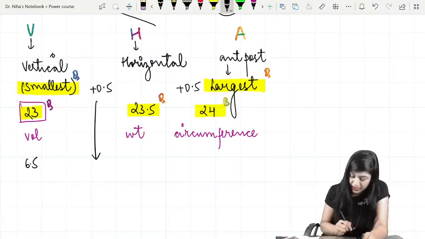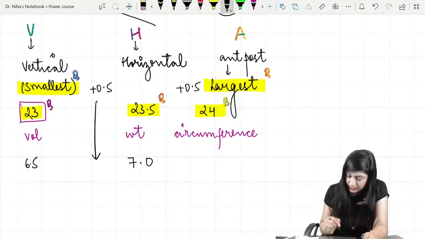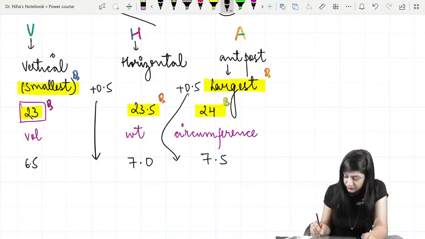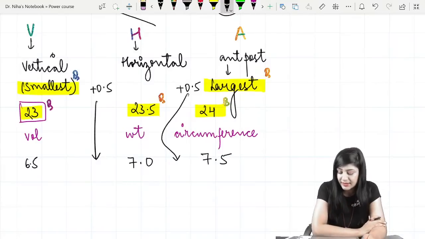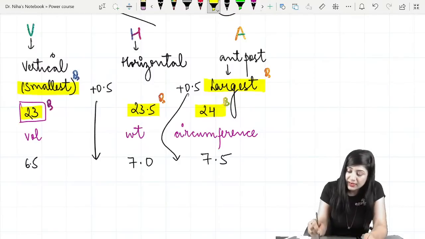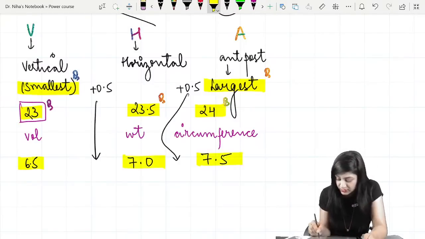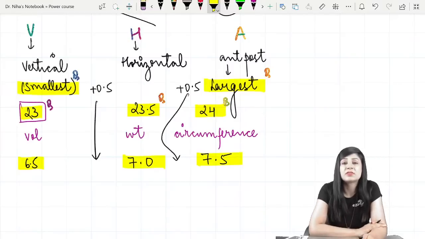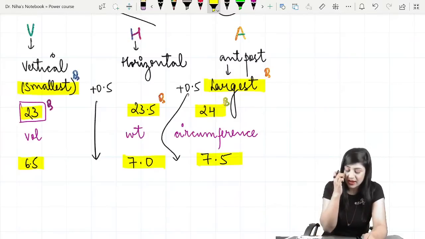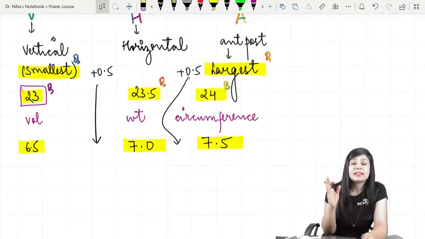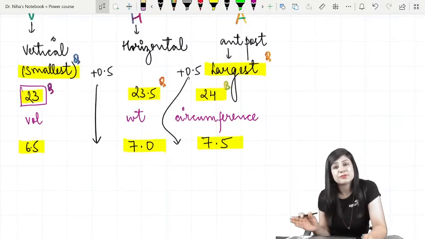Add 0.5, you get 7. Then add again 0.5 and you get 7.5. So in this way you can get all the 3 diameters, 23, 23.5 and 24, while the volume, weight and circumference follow the same pattern.